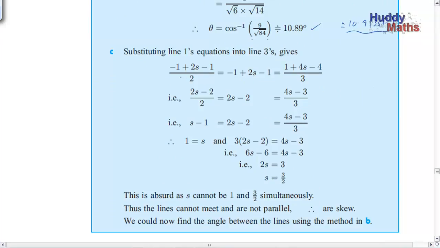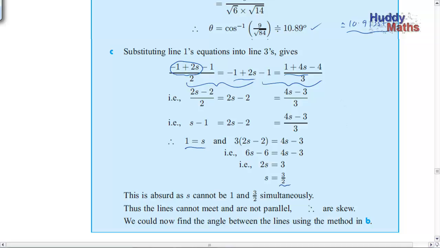Here's the x, y and z of line 1, putting it into line 3's Cartesian equations. Taking these two, we're on line 1, so the s value to make those equal is 1, and for the other it has to be 3 over 2.